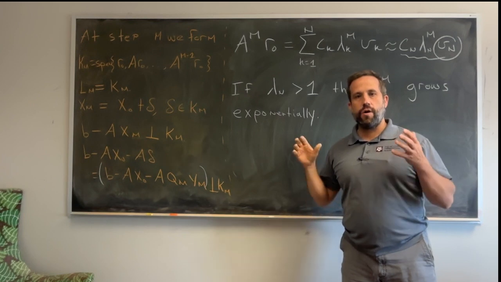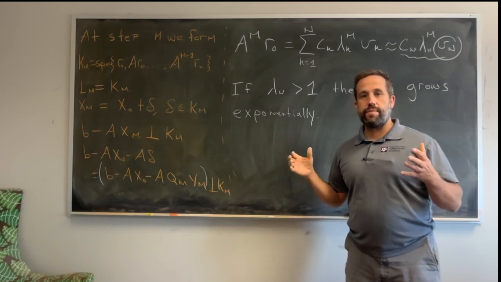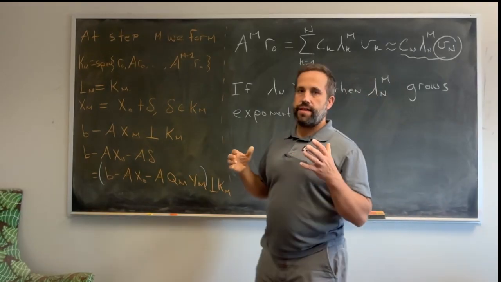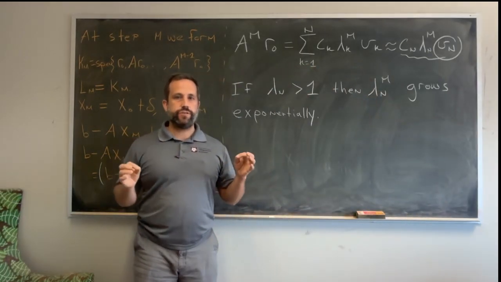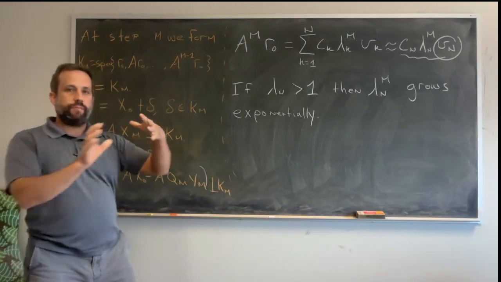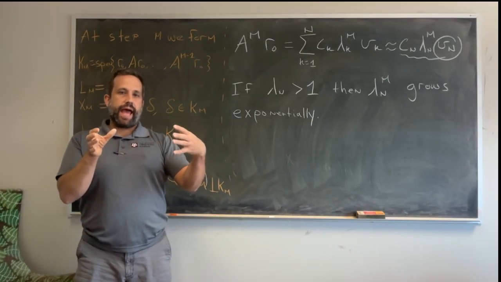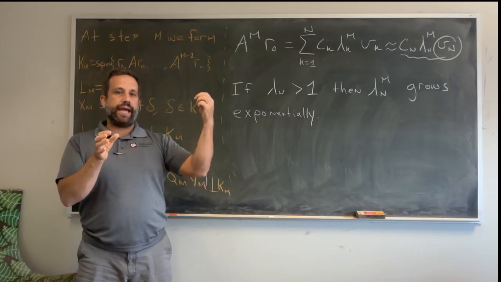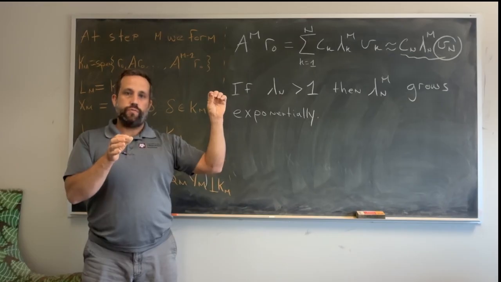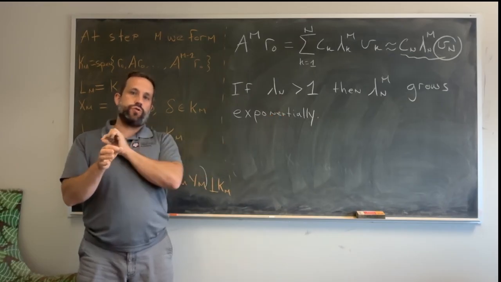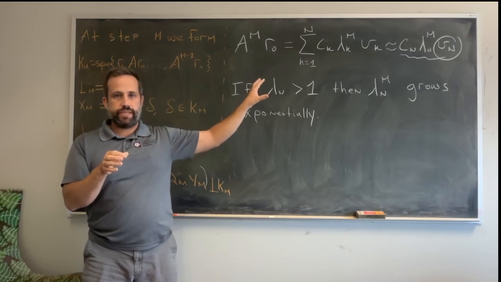I know that makes little sense without having explained it, but this is the idea behind the Arnoldi algorithm. In each step we assume we have an orthonormal basis for the previous set of vectors, and we now apply A to the last vector of that set. That last vector is orthogonal to all of the vectors that came before it, so we're not going to have the problem that we mentioned here.